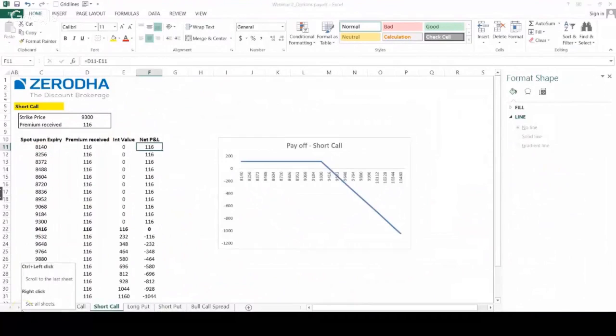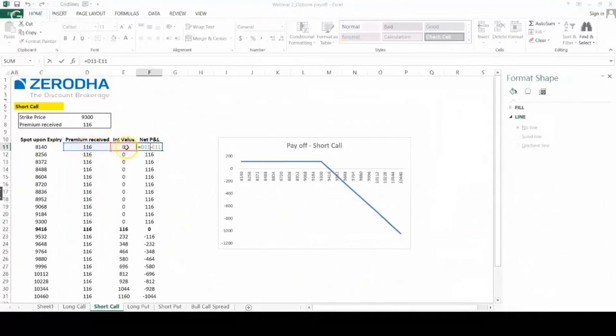Yeah, so like I explained earlier, the PNL when you write a call option, you'll first have to let go of the premium that you've received. Your losses or profit will be over and above what you experience after the premium you've received. So this is what the formula says.